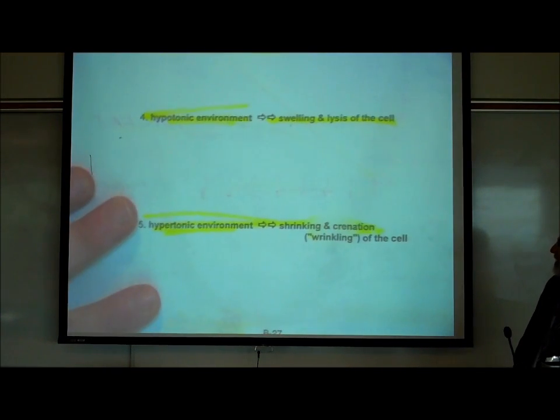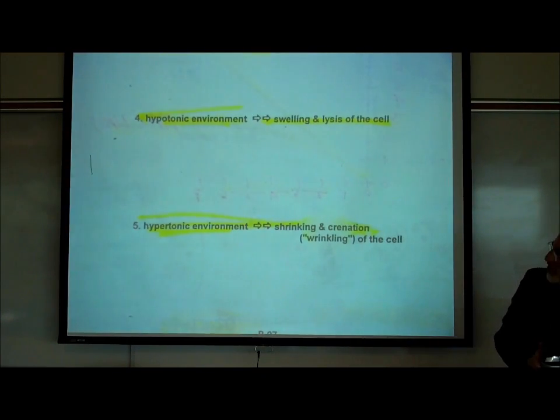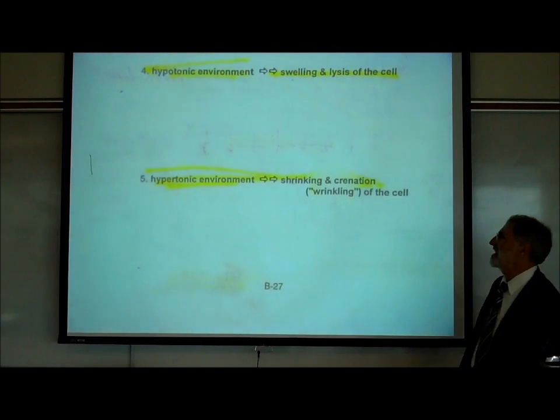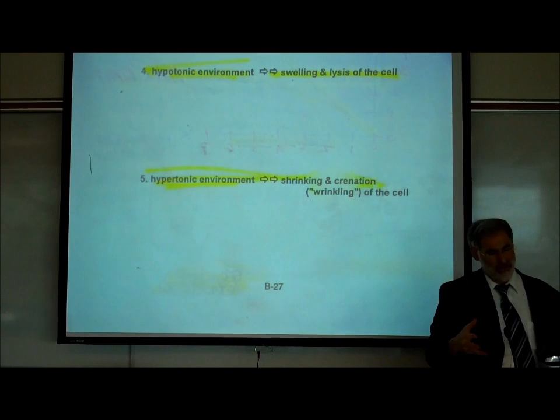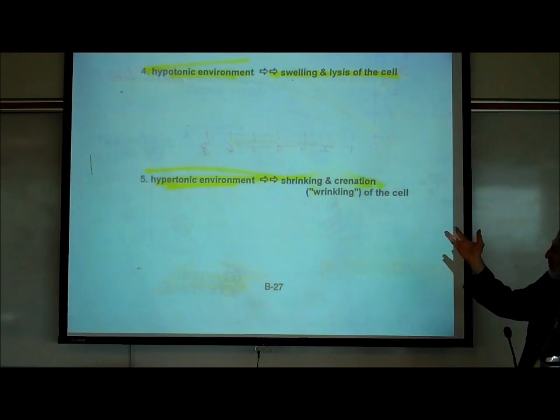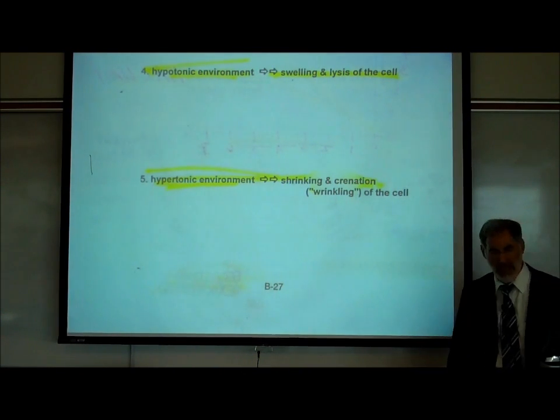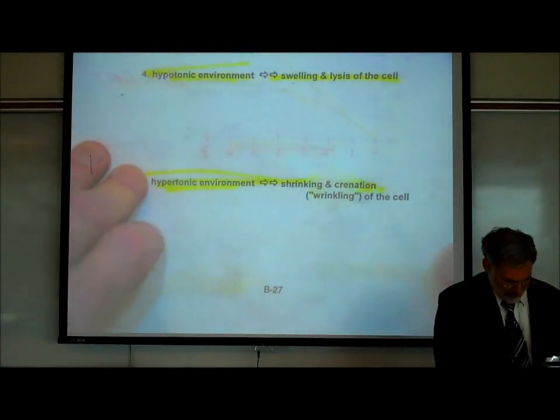And a hypertonic fluid, just like pouring salt on a snail, is that the water comes out of the cells towards that higher salt or solute concentration, causing shriveling up, crenation, collapsing of the cells. These are all very important clinical subjects we'll be learning more about.